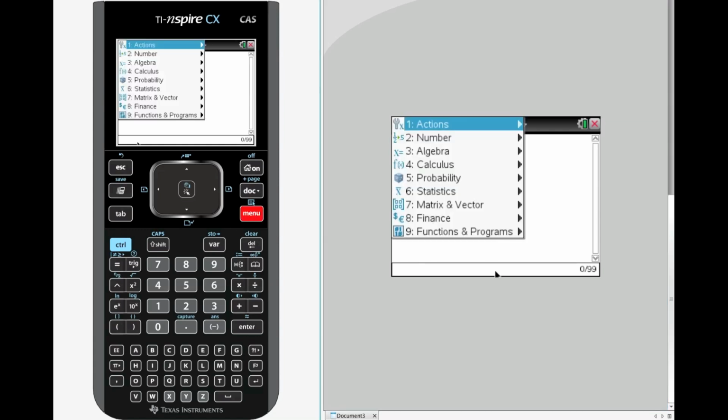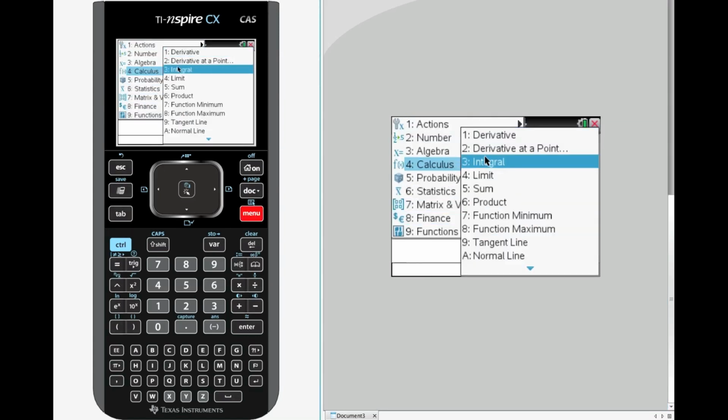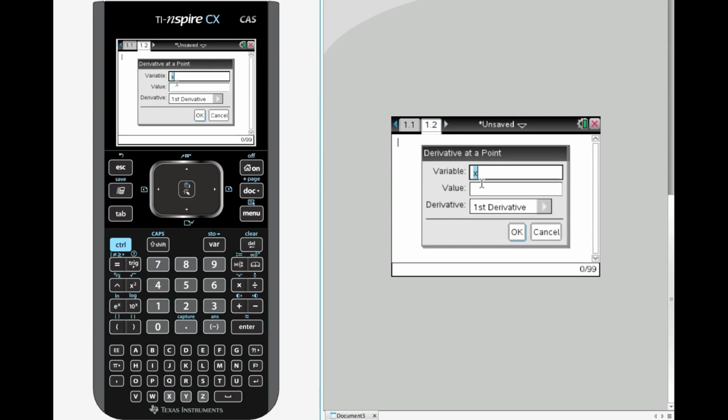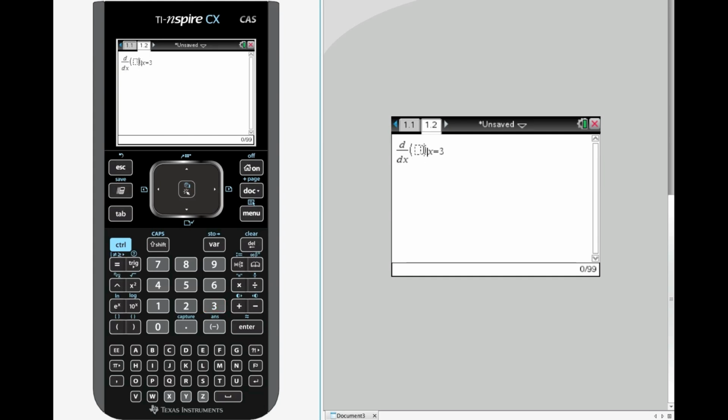Hit Menu, go to Calculus, find derivative at a point, and with this menu option, it's saying, okay, variable in terms of x, I want to find the derivative at 3, so I'm going to type in the value of 3, hit OK, and I have copied that function into the calculator already.